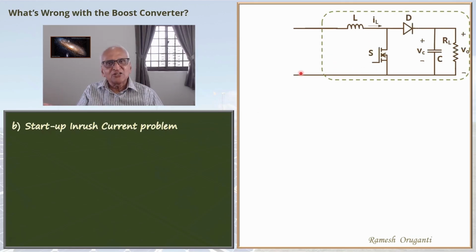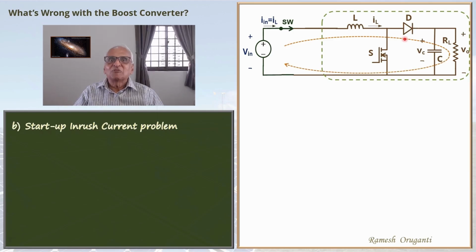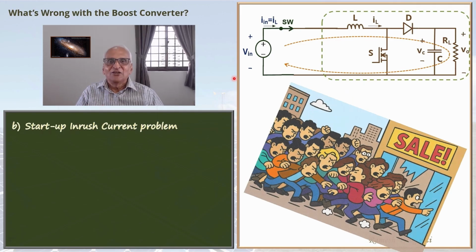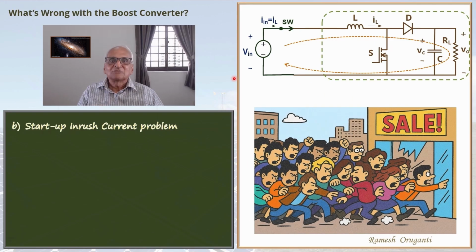So when we connect a source and switch on the boost converter, there will be an inrush current into the boost converter. We know that when a big sale is announced, at the start of the day, you will have an inrush of people into a store. Likewise, when the boost converter is started, there will be an inrush of current into the boost converter due to the charging of the output capacitor.